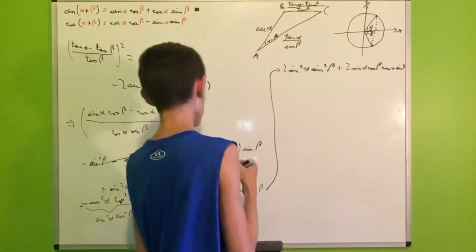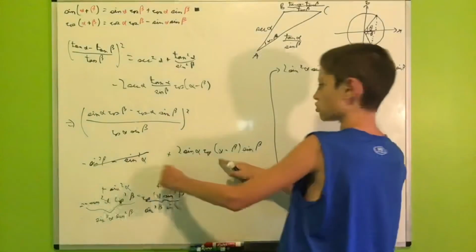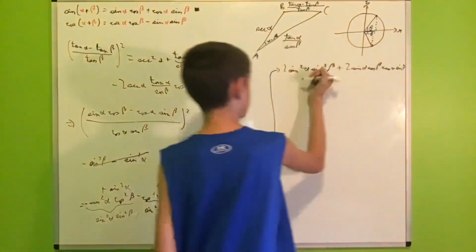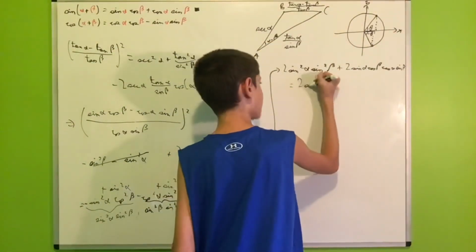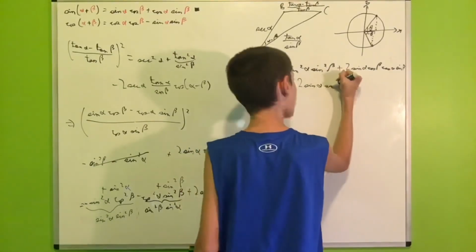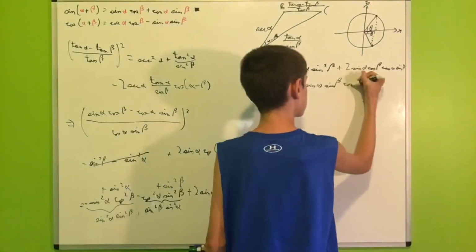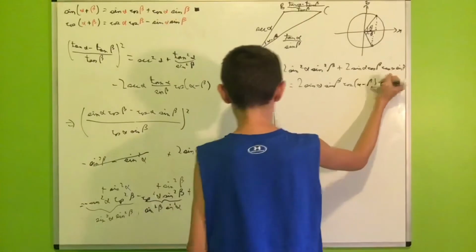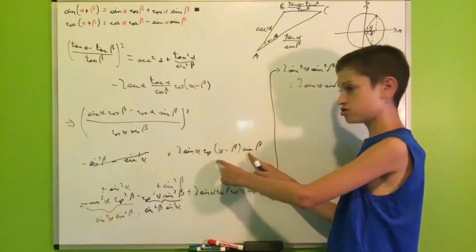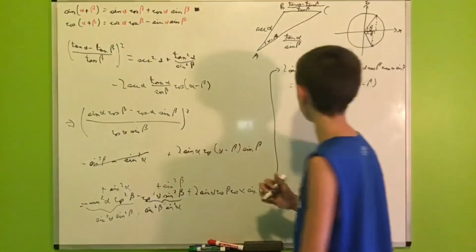I barely have space. And this will be equal to what's left here, namely 2 sine alpha sine beta cosine alpha minus beta. We just swap these two terms because multiplication is commutative.